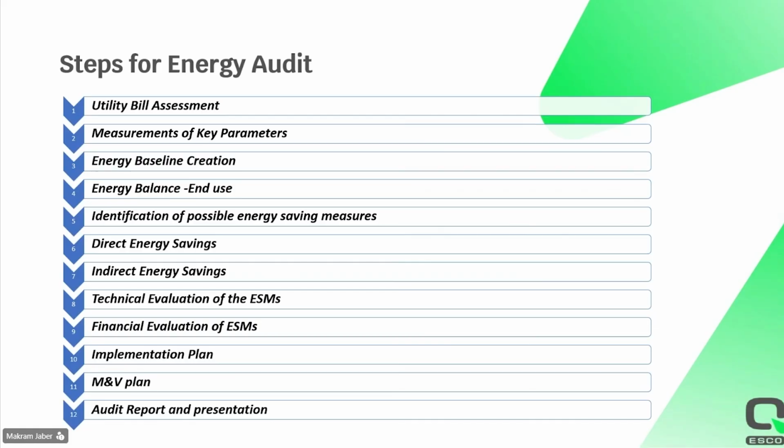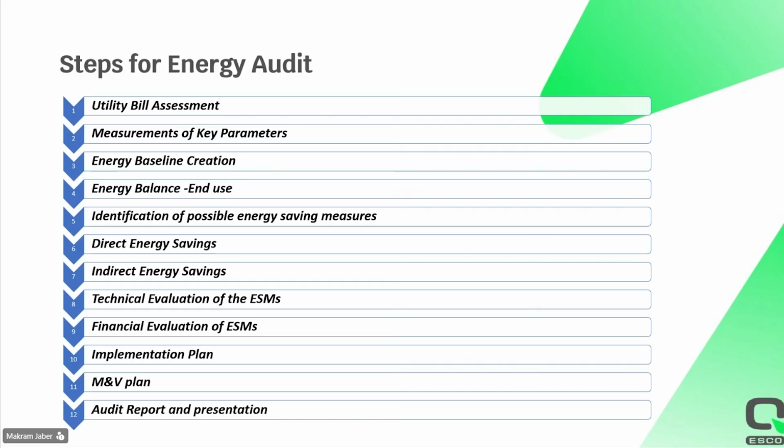Then, after doing the utility bill assessment, we will do measurements for key parameters. Based on each type of site or facility, we will select the important parameters that we need to measure in order to proceed with the project.